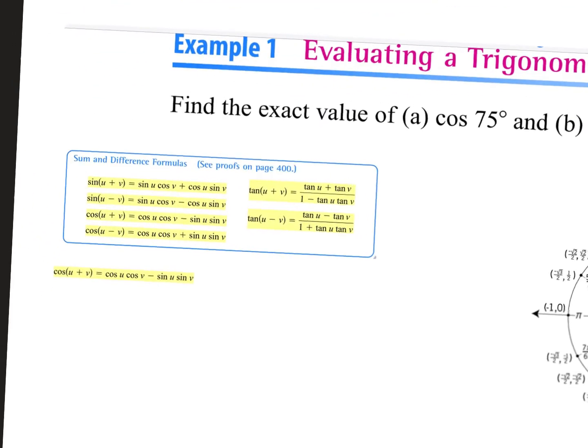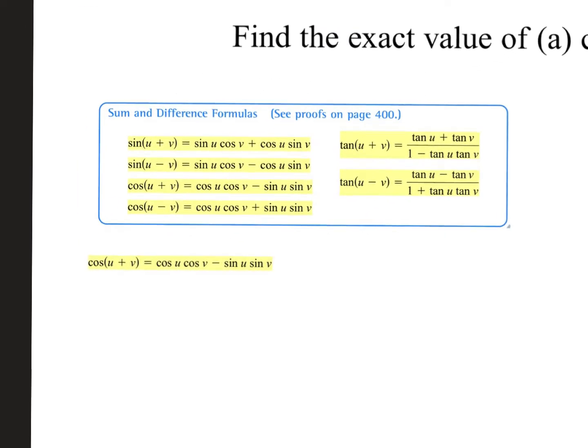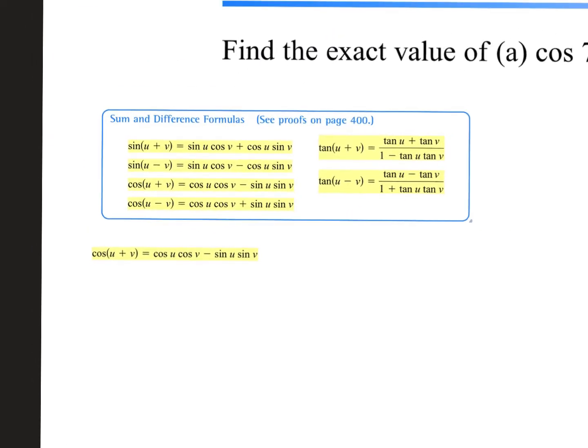So if I look at this first example, letter A says cosine of 75. Now, there's a couple different ways to do these problems. You can find 2 angles on the unit circle that add up or subtract to give you 75. There's different combinations. Gabriel might choose one, Justin chooses another, Gabby chooses another.